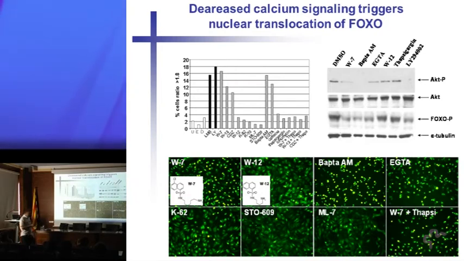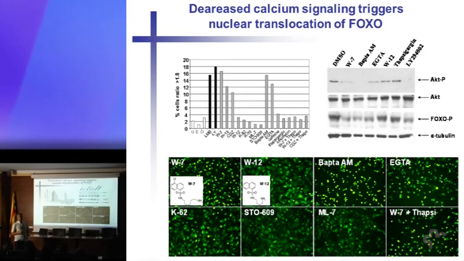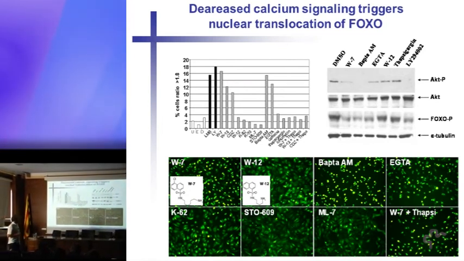And here I show you that even high concentrations of this compound were unable to drive Foxo into the nucleus. Then we asked, has this effect anything to do with calcium signaling? So we decreased intra and extracellular calcium with BAPTA and EGTA, and I show you here that this triggered the nuclear accumulation of Foxo.